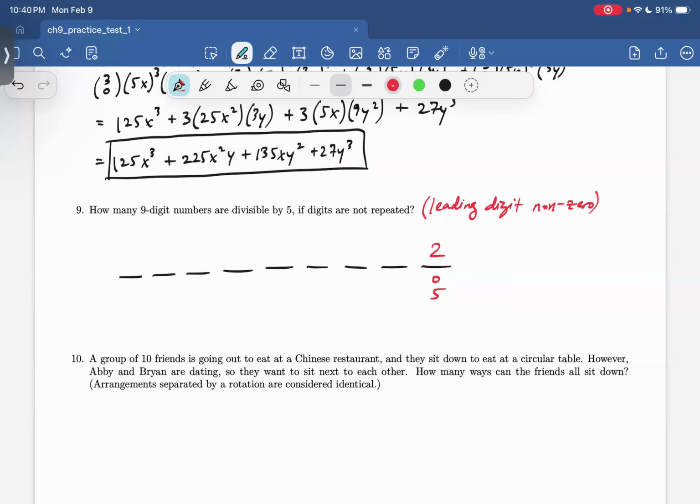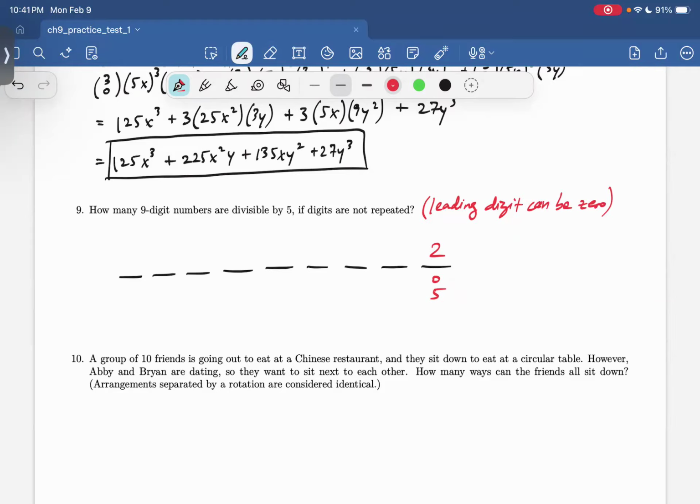Okay, so the next most restrictive one is, oh shoot, this is a problematic question now. Because if the last digit is 0, then there would be 9 choices here. But if the last digit is 5, then there are only going to be 8 choices for the first one. Okay, that means I'm going to revise it to say the leading digit can be 0.